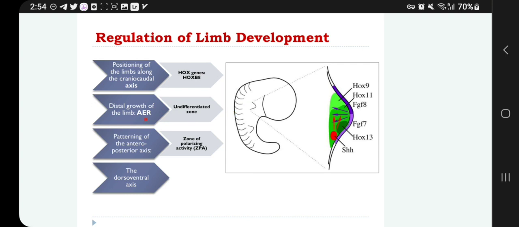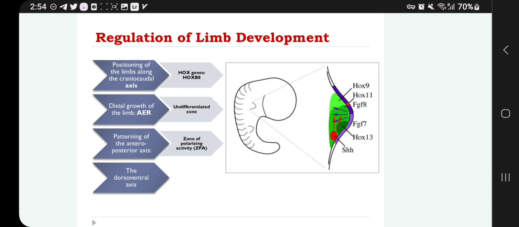So the Hox gene can make the location of the upper limb. Then the next is growth from proximal to distal. You know, the length of the upper limb or lower limb depends on the growth of the undifferentiated zone.